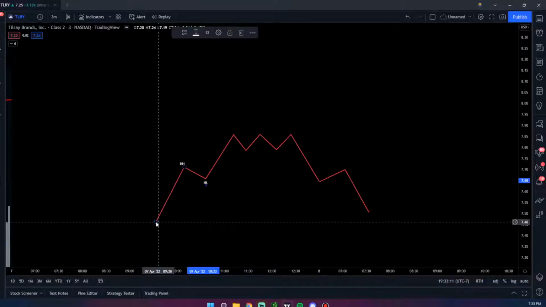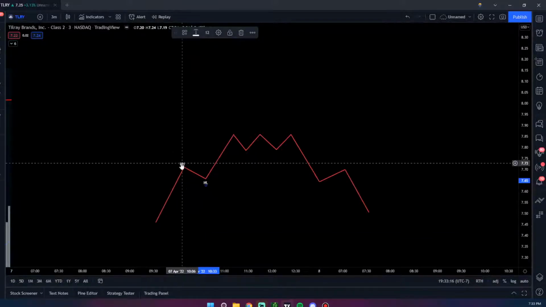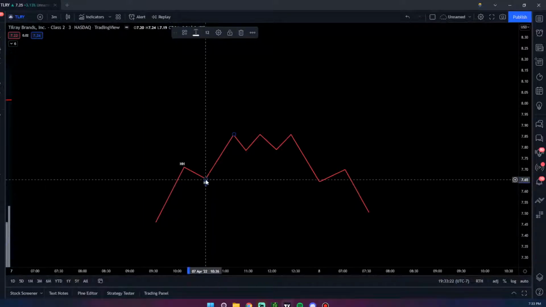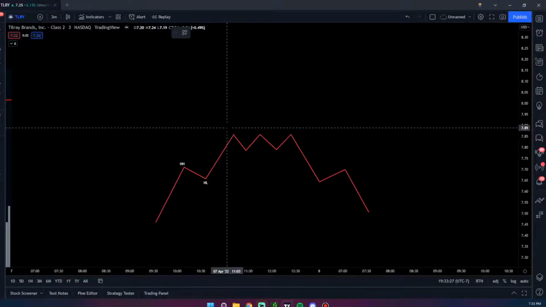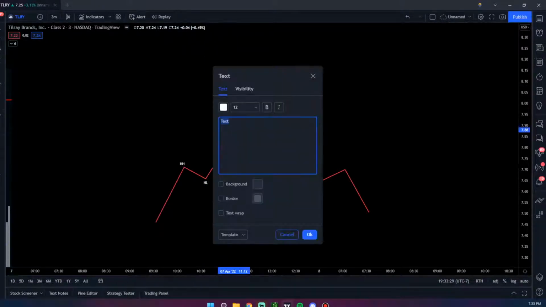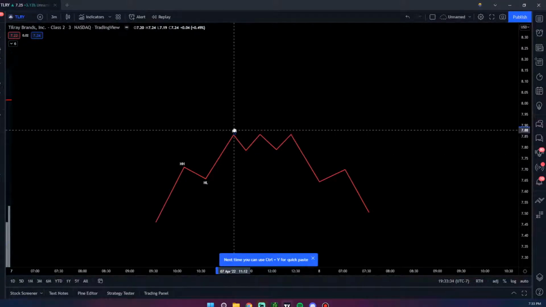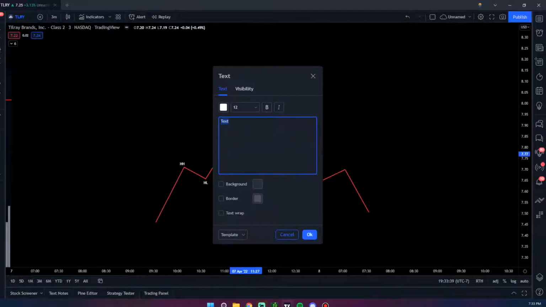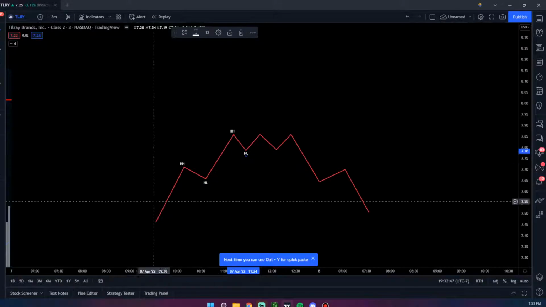If this was our previous higher high, this one's higher than this one, so this is a higher high. Our previous higher low is going to be down here somewhere, so this higher low is higher than this higher low. And then this here becomes our next higher high. This here is a higher low, right? So this low is higher than this one, correct, everybody?